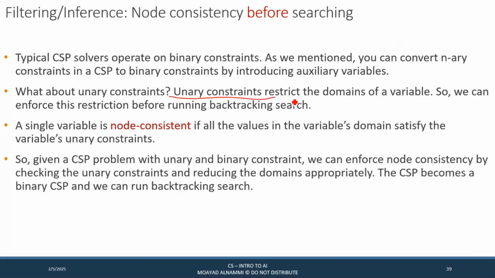Unary constraints can be enforced by restricting the domain of a variable. So we can enforce this restriction before running backtracking and remove that unary constraint.